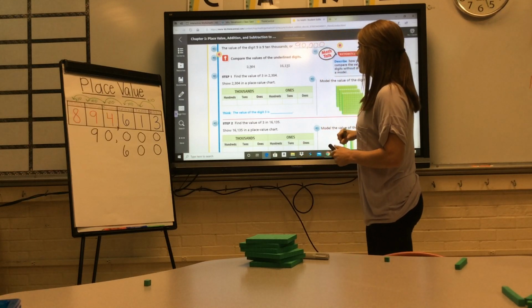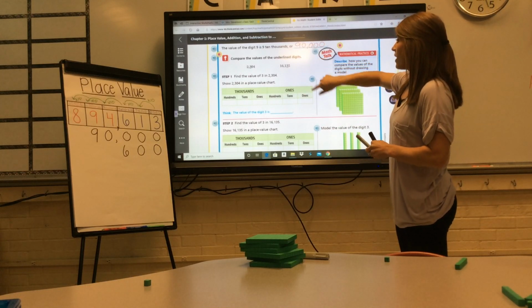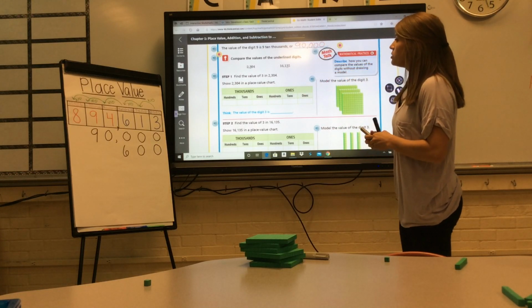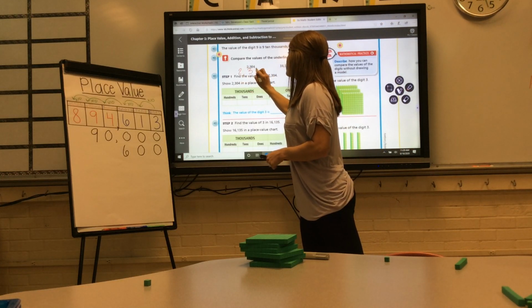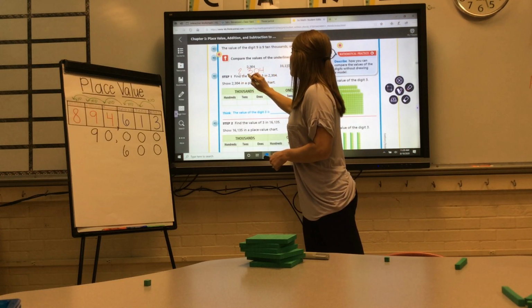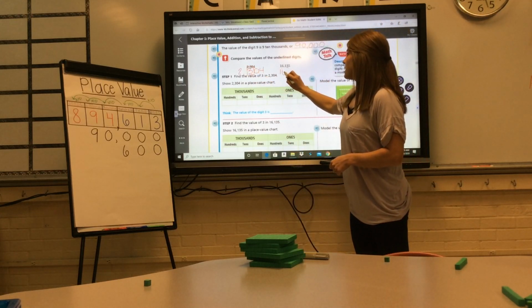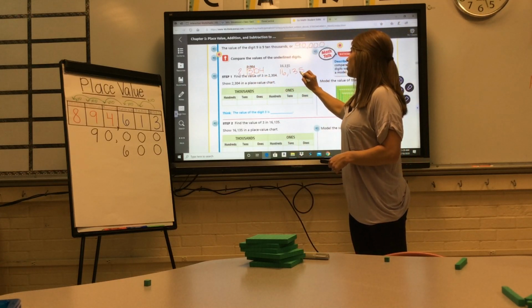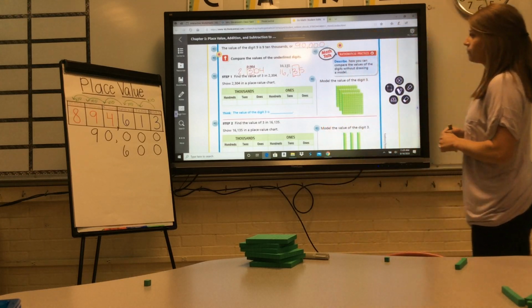Very good. All right, so now they want us to compare the values of the underlined digits. So we've got the number, I'm going to write them a little bit bigger for y'all. We've got 2,304, and they're wanting us to look at this 3. And then we've got 16,135, and they're wanting us to look at that 3 as well. Okay?